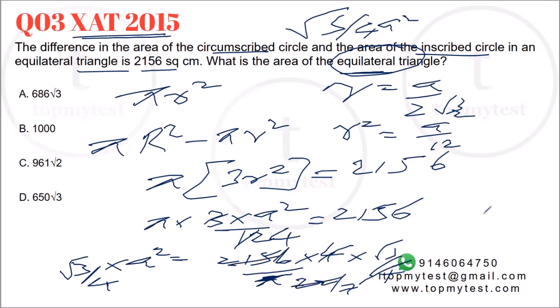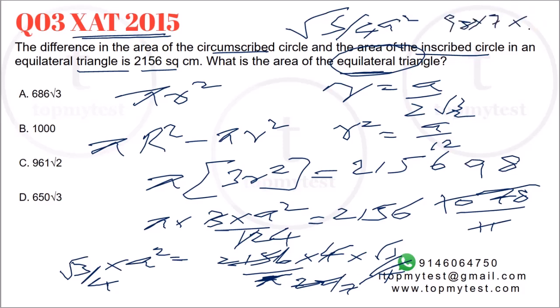That will be 1078 divided by 11. If you divide this by 11, this is 98, and 7 will go up. So your final answer will be 98 into 7 into root 3. Now what will be the last digit? 8 into 7 will end in a 6. Option A will be your correct choice.